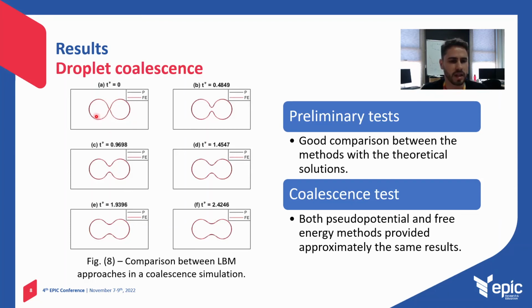The two approaches, at different instants of time, provided approximately the same solution, showing that there is no inconsistency between both approaches. So we are confident that using either of these approaches we will obtain similar results.